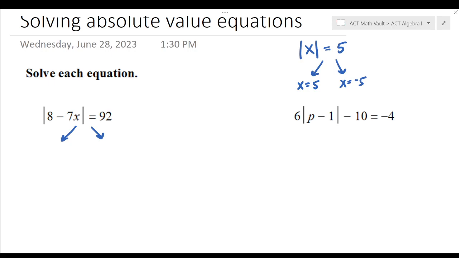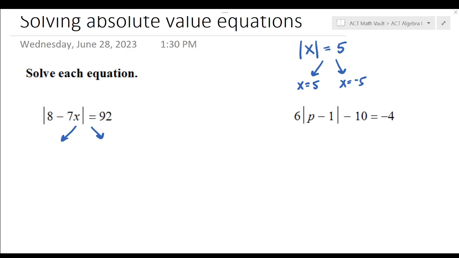But what I could do as a nicer shortcut is just set this equal to both 92 and -92. Now, some people might take this part, whatever's in the bars, and make that part the positive and negative case.